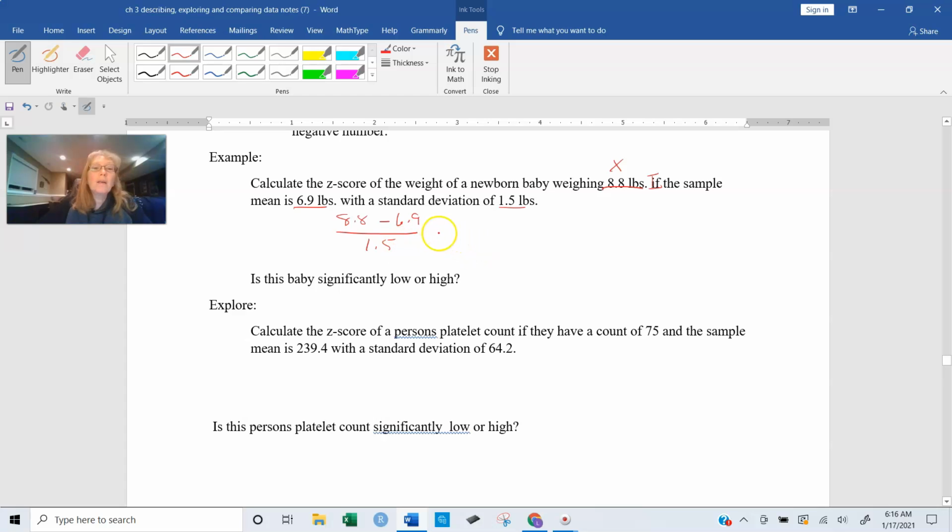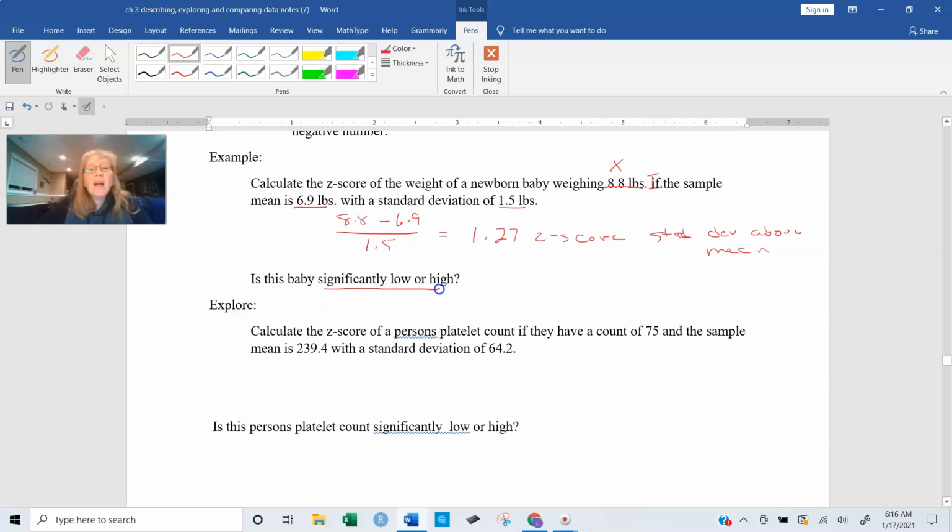Okay, when you type that in your calculator, you should get 1.27. It's positive, so this is the z-score, and this baby is 1.27 standard deviations above the mean. So this means it's a fairly large baby.